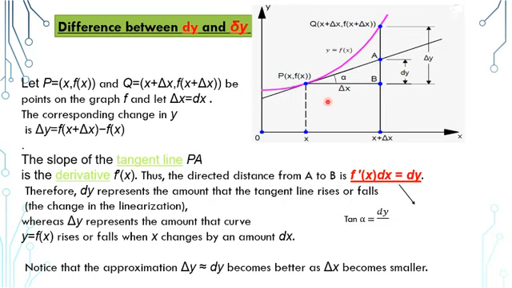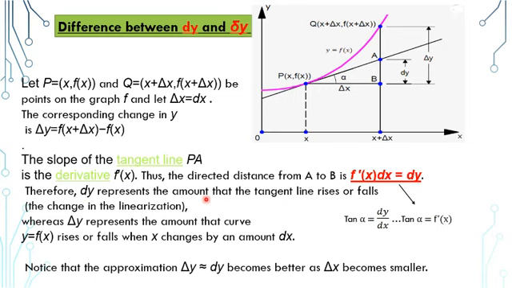Here we use the tangent rule. Why? Because we have a right angle triangle PBA, and the ratio of tan theta is perpendicular over base. The perpendicular is dy and the base is Δx or dx. So tan alpha is equal to dy by dx. Cross multiply, and we know that tan alpha is equal to f'(x), so dy is equal to f'(x) dx.